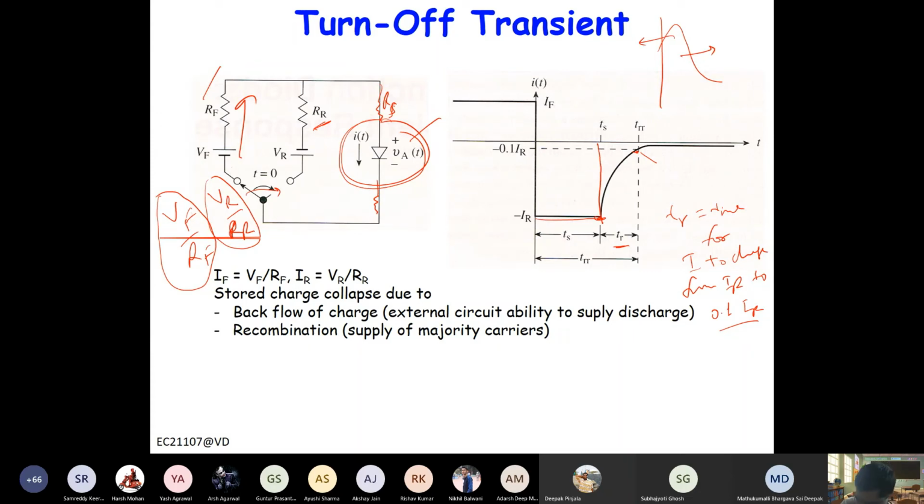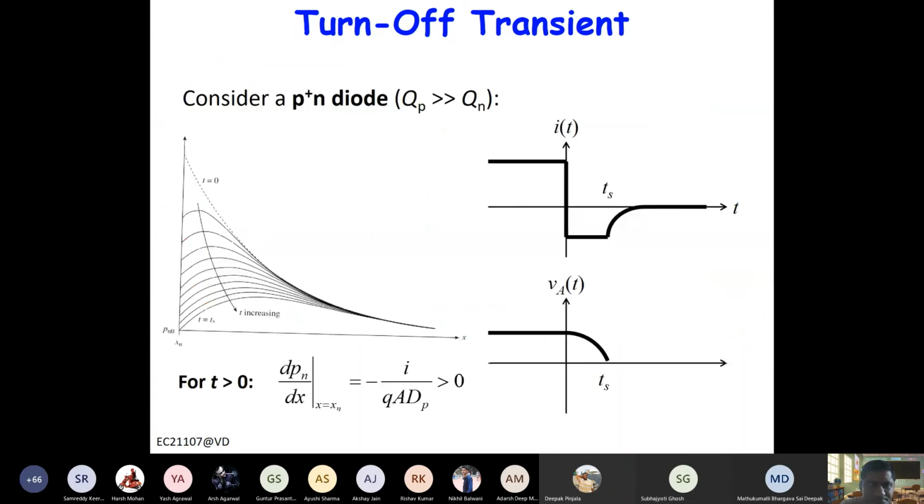So maybe we can write down some kind of equation, right? Let's consider a one-sided junction, P plus N junction, right? So in this case, mostly the current will come from injected holes, and injected electrons will have very little contribution. So mostly the charge is stored here, and that charge has to be extracted.